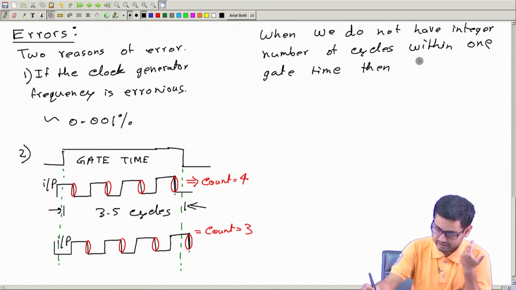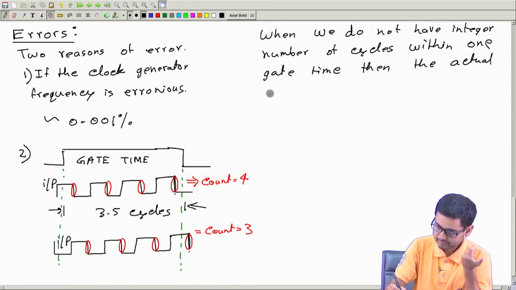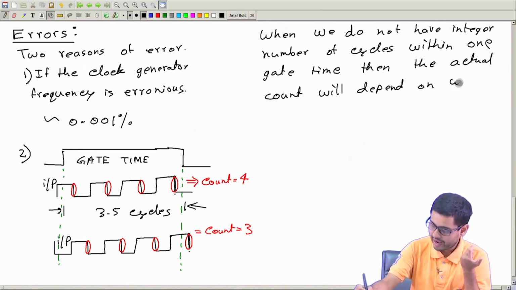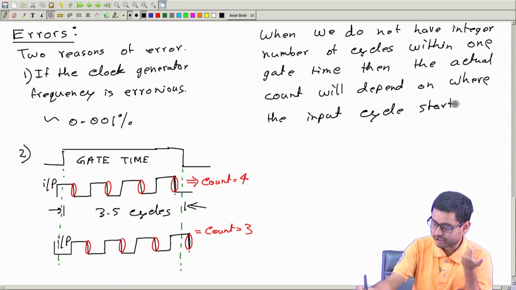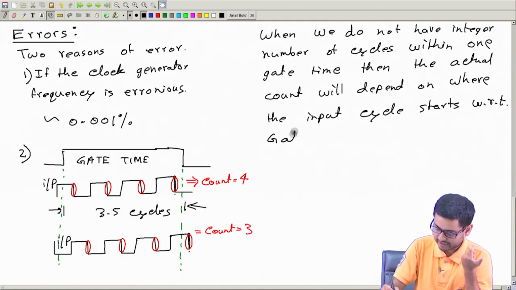Then the actual count will depend on where the input cycle starts with respect to the gate time, with respect to gate signal.